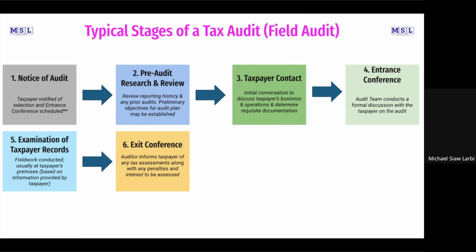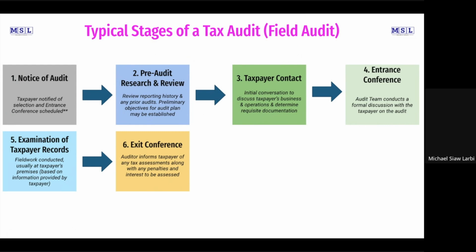Key thing I want to mention is that remember, one of your duties as a tax auditor from the perspective of the exam is to inform the taxpayer of any liabilities at this stage. Because at the exit conference stage, don't forget this report will still be in a draft report form. There's no need for you to wait till matters are finalized before you inform the taxpayer.